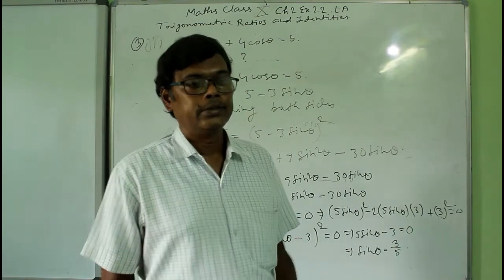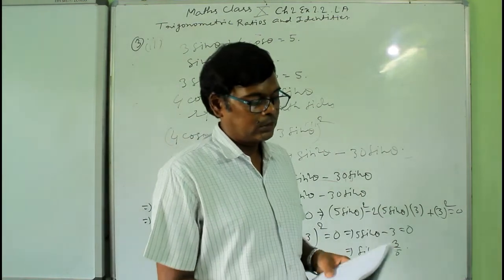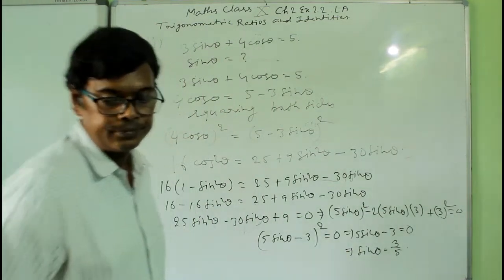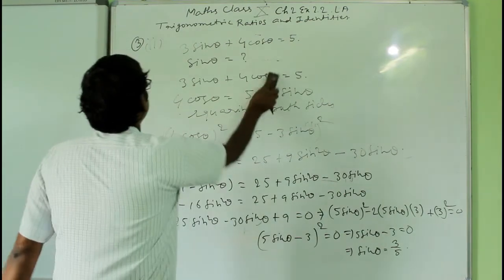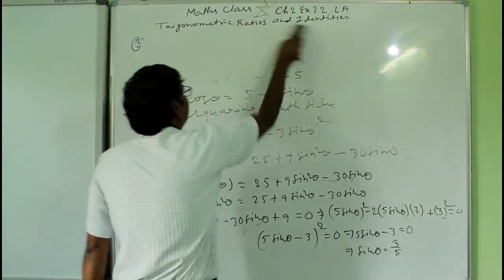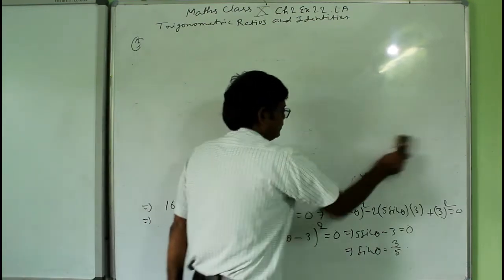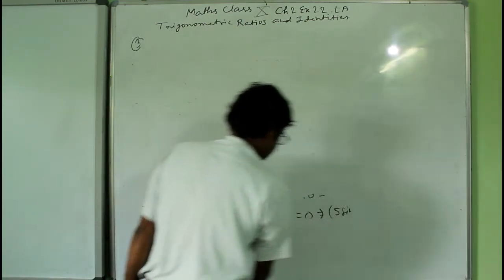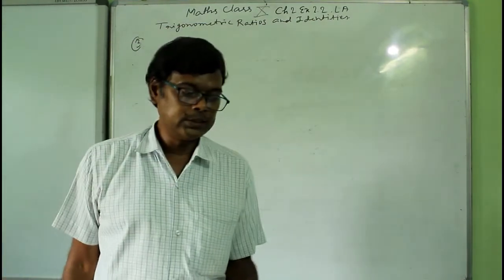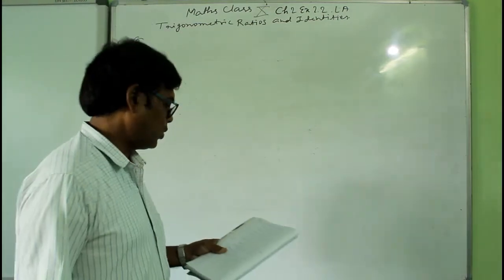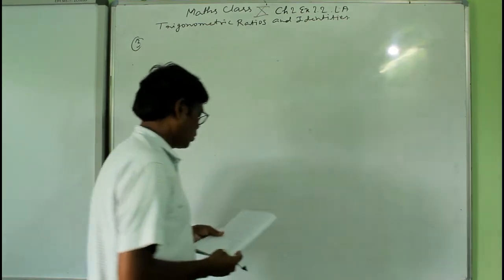Then the next question is sin theta plus cos theta equal to 2. Next question is sin theta plus cos theta equal to 2, and we have to find the value of sin 7 theta plus cos 7 theta.